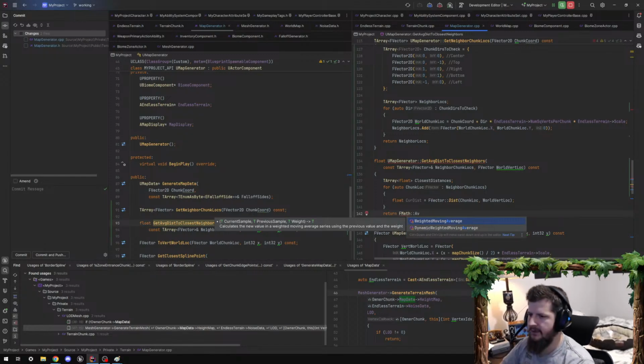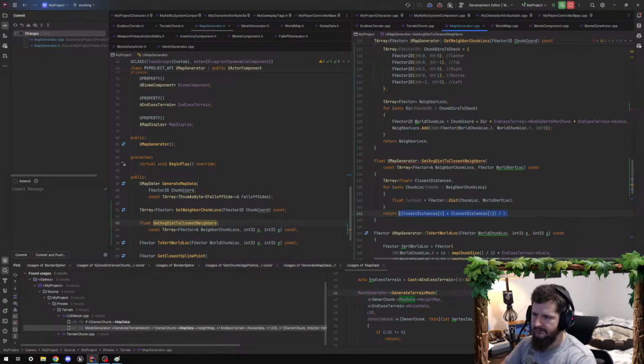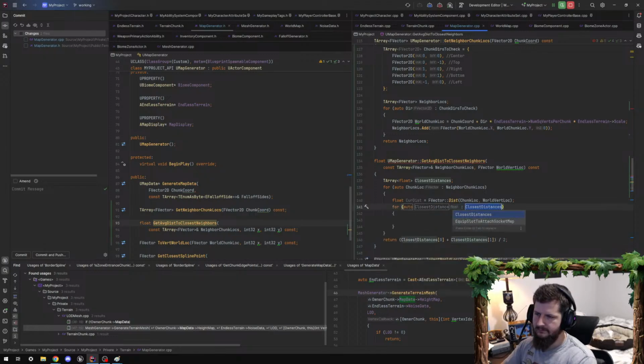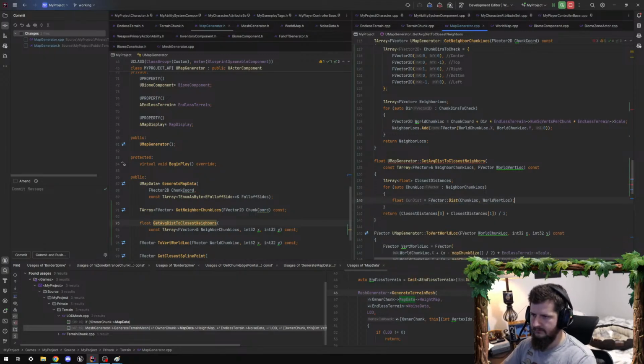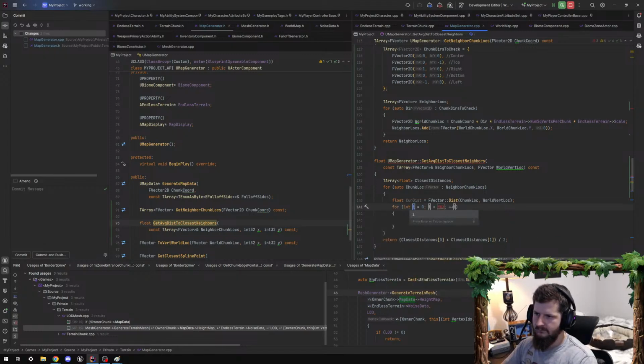Weighted moving average. Okay, so there's not an average. Mean? Okay, there's not an average function. It's fine, we got our own. I and closest distances dot num.